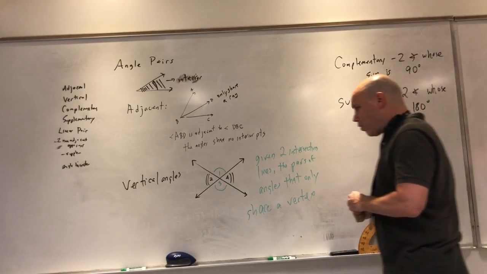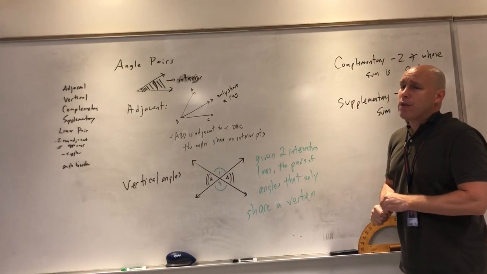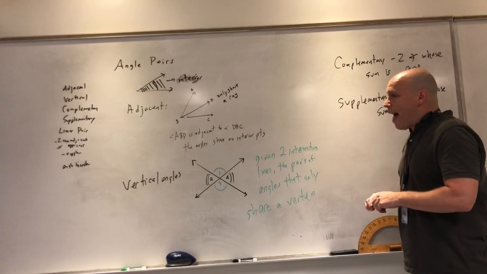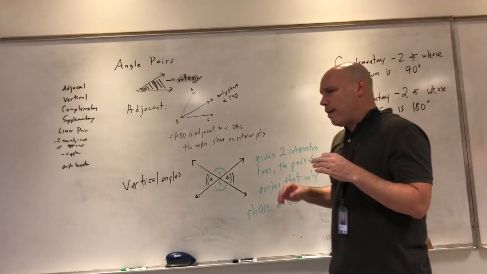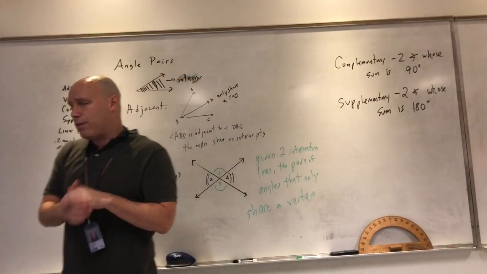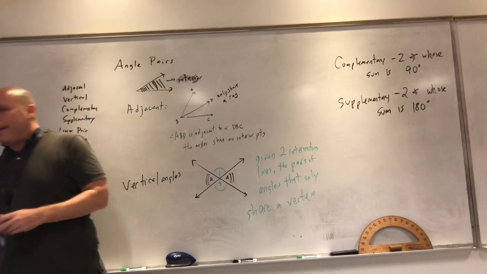Kids often wonder, first of all, they don't have to be next to each other. We're going to see with parallel lines that there are two angles next to each other, consecutive, but not necessarily adjacent. So they don't have to be next to each other.